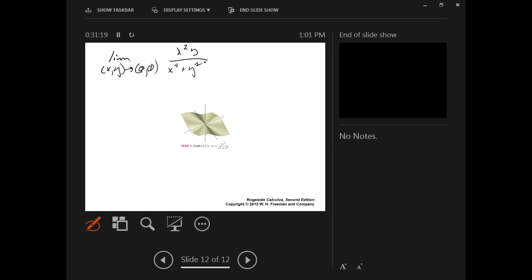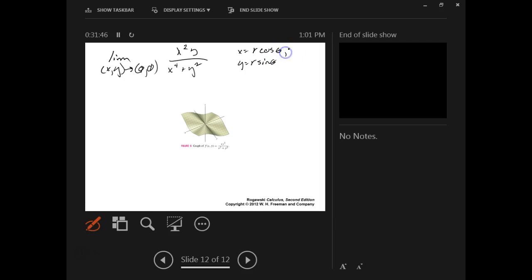I think if you look at this carefully, my first gut reaction would be, well, since it worked so well last time, let's do the trig substitution. Let x equal r cosine theta and y equal r sine theta.